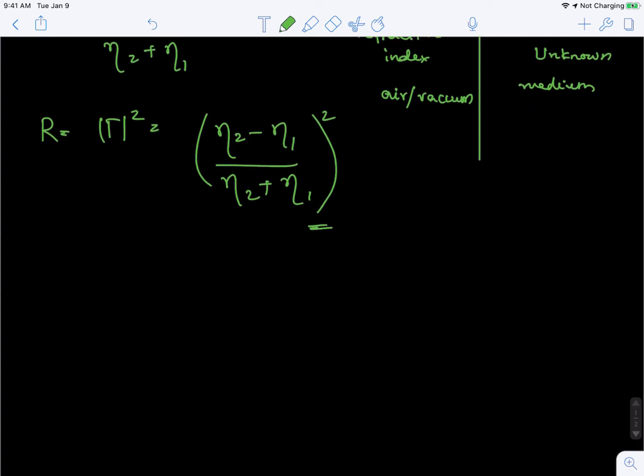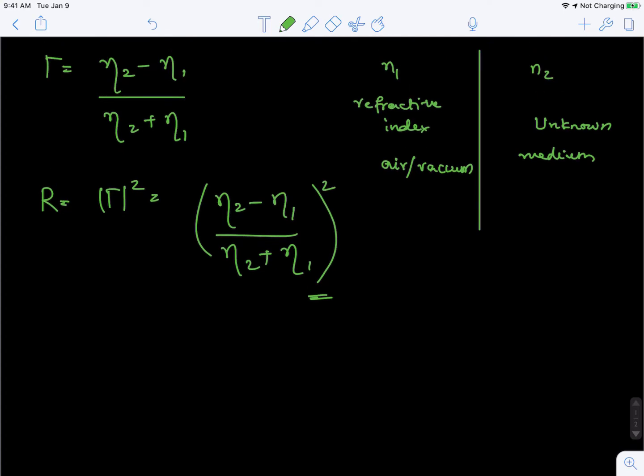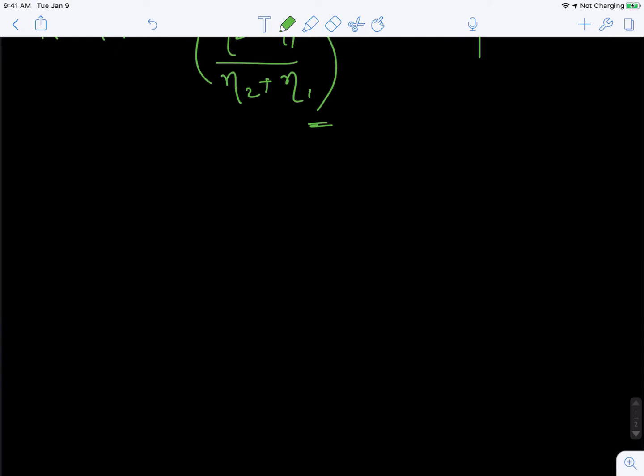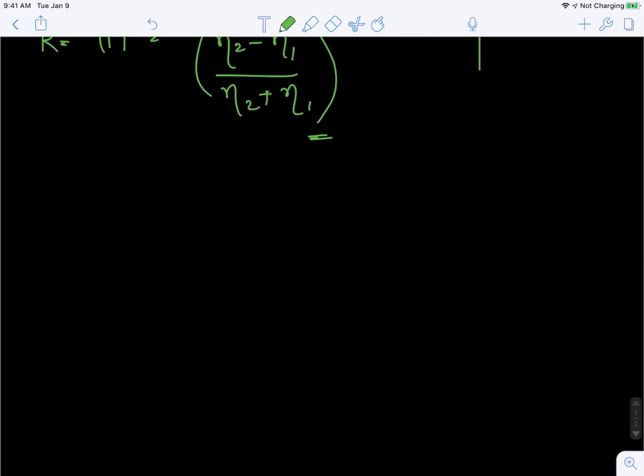Now how do we go from here to a point where we find the refractive index of the crystal? So let's start writing what eta 2 and eta 1 are. We know that eta naught by definition is square root of mu naught by epsilon naught, which is the impedance of free space, right?